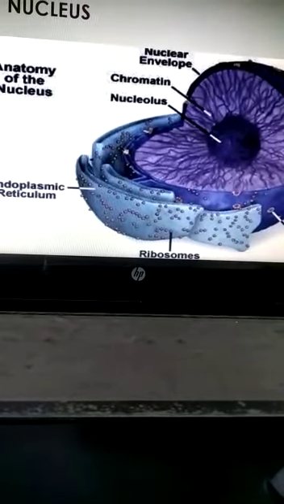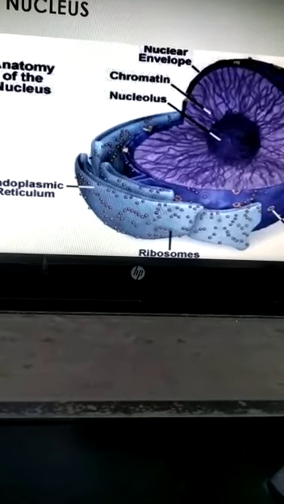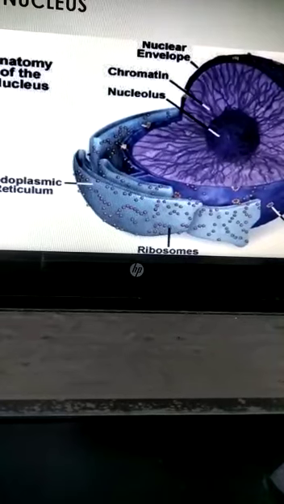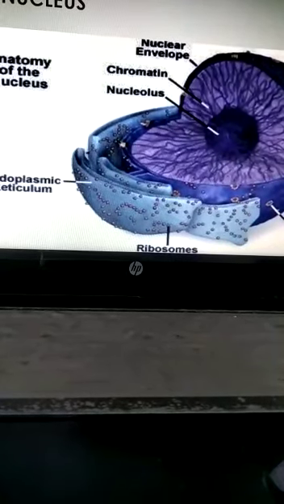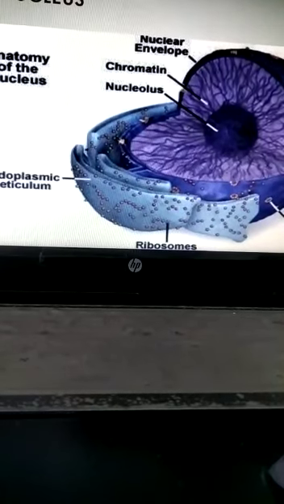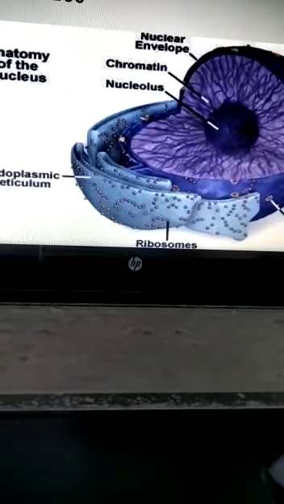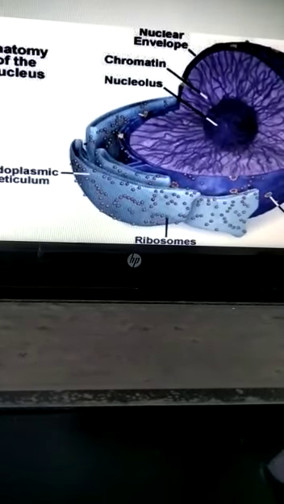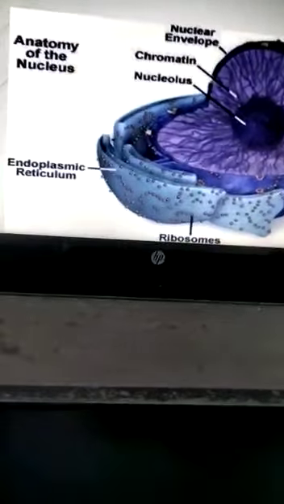Now we will see the functions of nucleus. Nucleus is the chief controlling center of the cell. It contains chromosomes which carry genes. Genes are responsible for transmission of hereditary characters from parents to offspring.